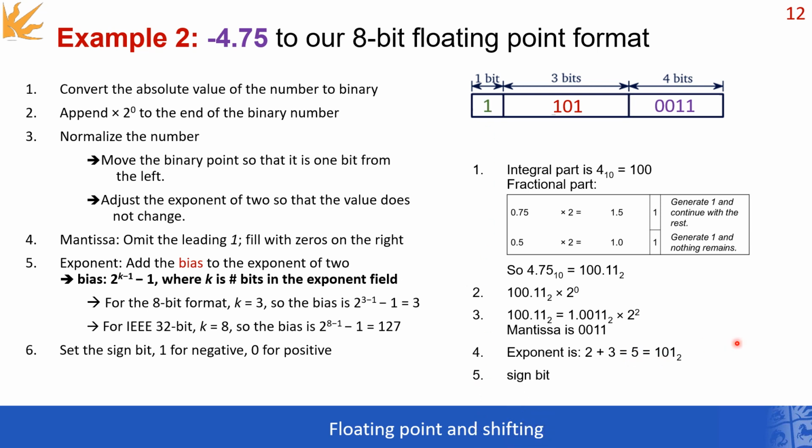As for the sign, since this is a negative number, the first and most significant bit should be 1. Now, with those 2 examples that we just showed to you, we've covered both the case of a positive and of a negative decimal number being converted to our 8-bit floating point format.